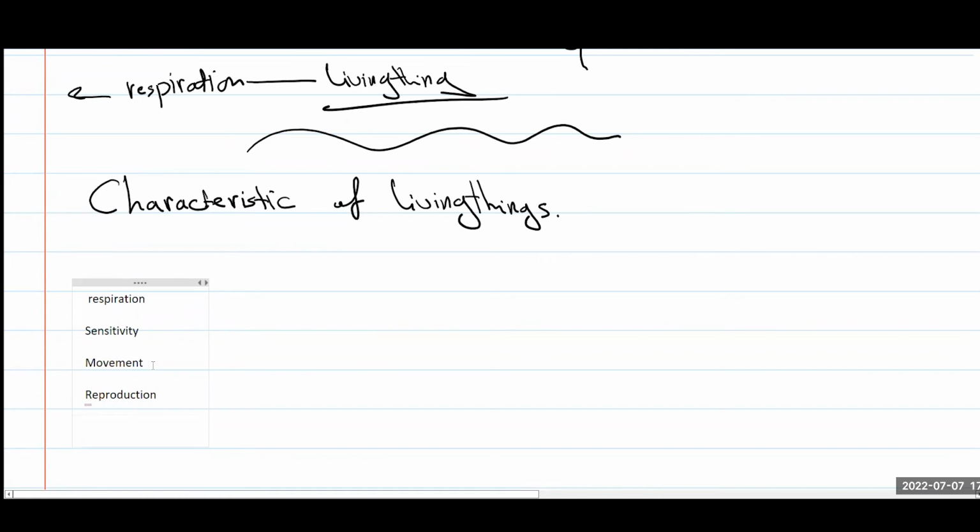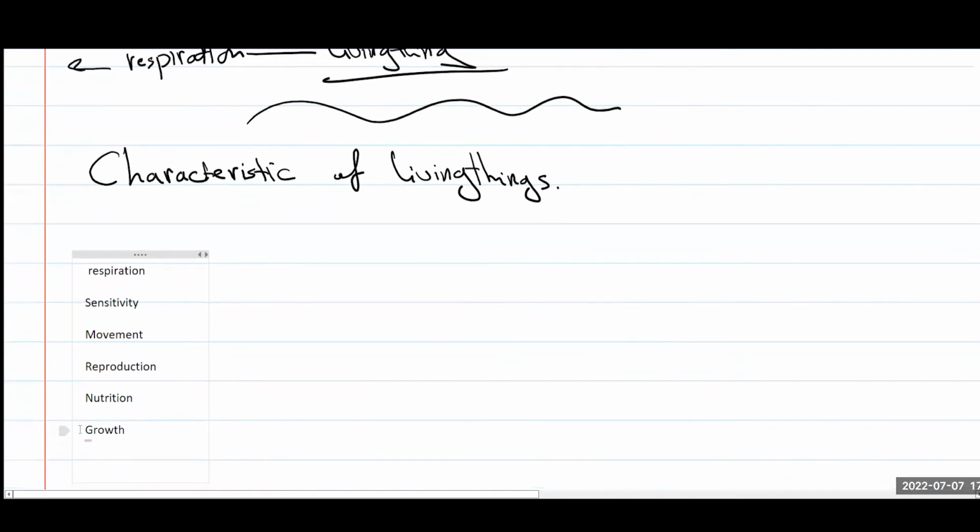What else? I said 7. Now we had 4. Good. Nutrition, growth. Good. Perfect. What else? 1, 2, 3, 4, 5, 6. One more is left. Excretion, right? Okay. These are the 7 characteristics of the living things, right?